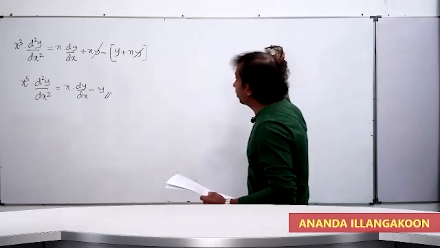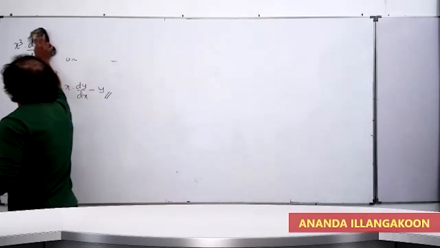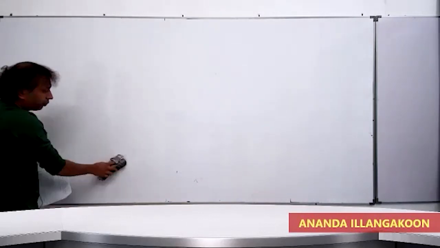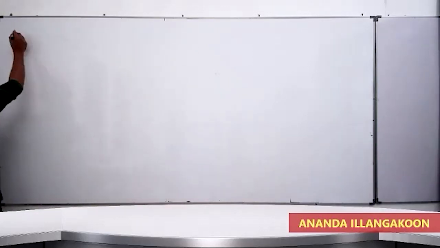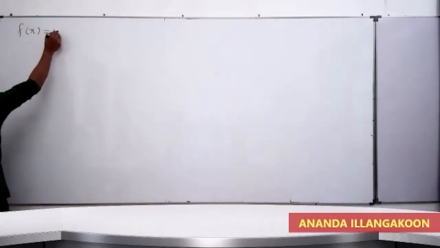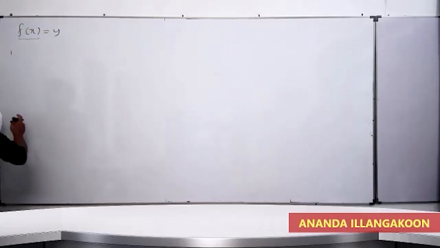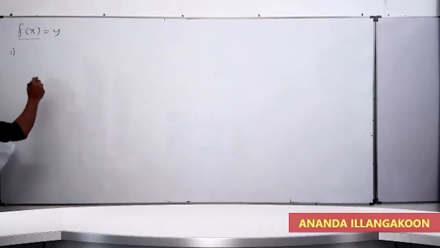People, f of minus 1, what do you mean by f of minus 1? Usually we know f of x means what, people? f of x is y, no? f of x means the y coordinate of the graph, right? Then f of minus 1 is 0. That means what, people?